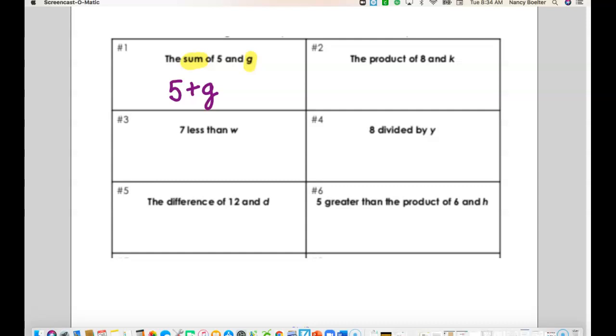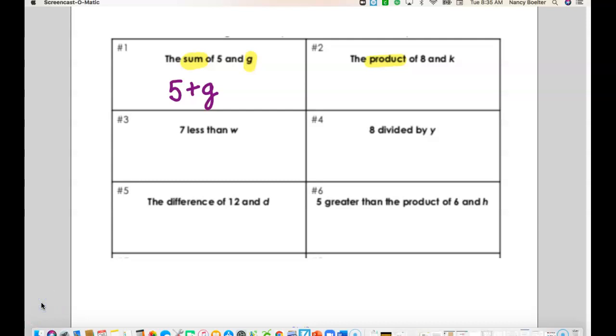Number 2, our keyword is product. So we're going to multiply. There's a couple of different ways that we could write this out. But we want to stay away from the X symbol as multiplication right now because we're now getting into variables.